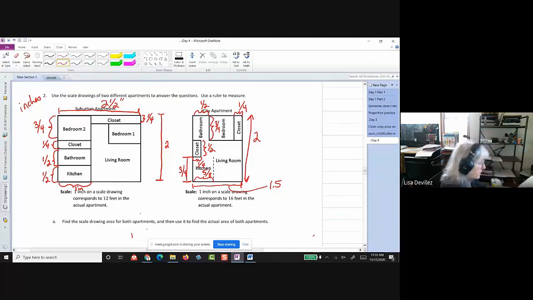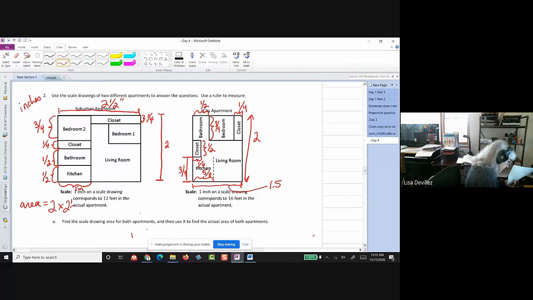Okay, so here it wants us to find the scale drawing area for both apartments and then use it to find the actual area of both apartments. Okay, so the area over here is going to be 2 times 2 1/2.